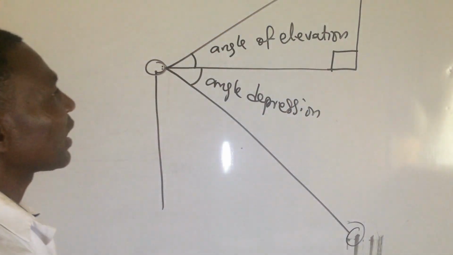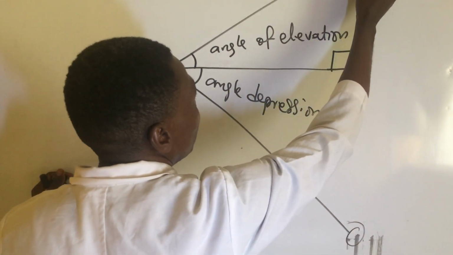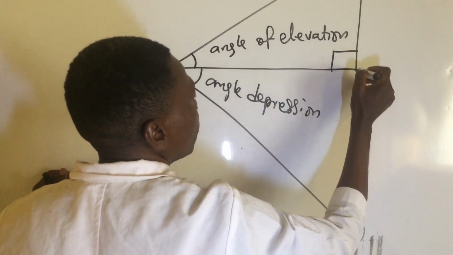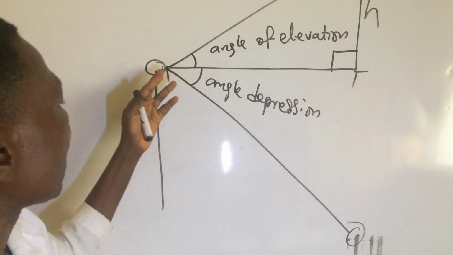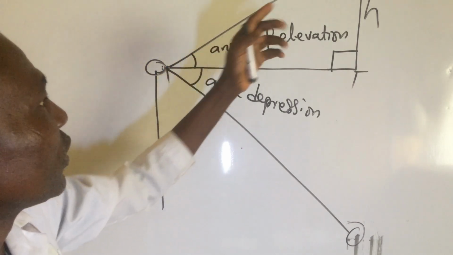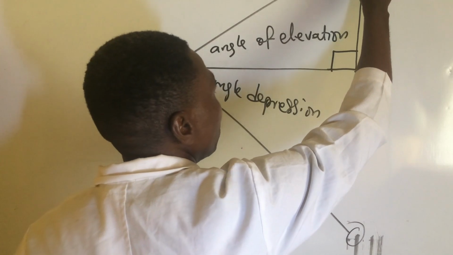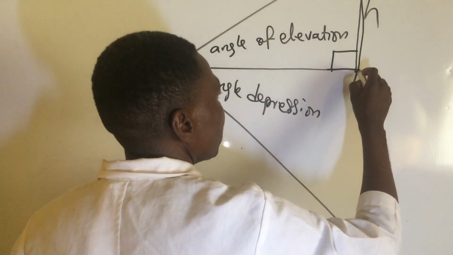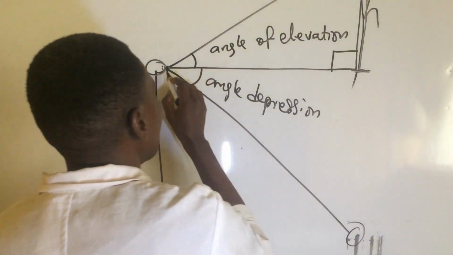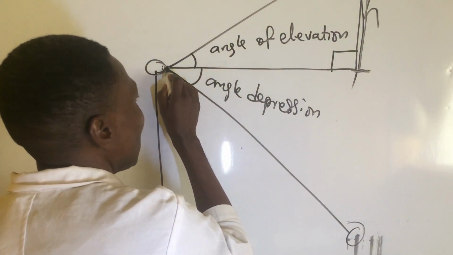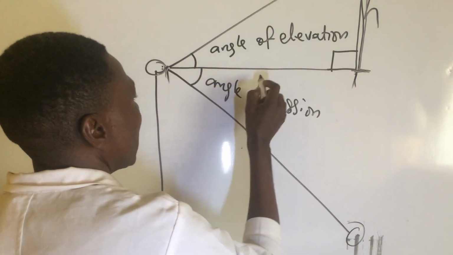So now we can calculate the height of this object, which will be from here to here, or we can calculate the distance of this object. If the foot of the object reaches here, for example, we can calculate the distance from the eye level of this man to this place, and that gives us a distance.